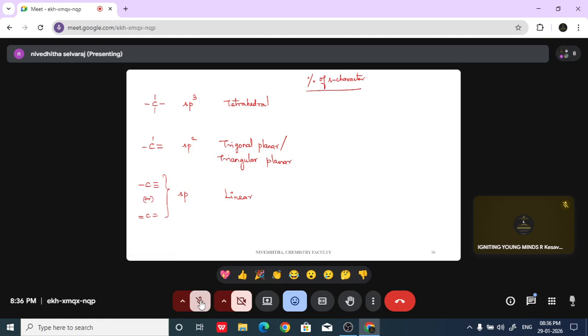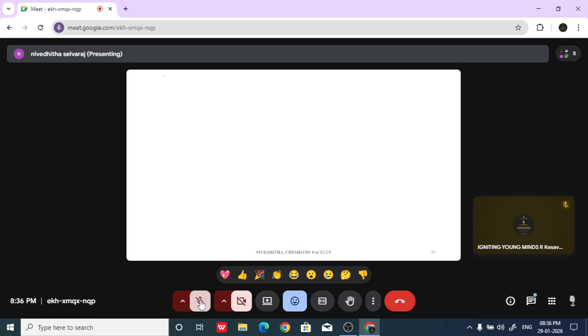Let us understand how this is 25%. Listen, sp3 basically, listen here. As far as S subshell is concerned, we have only one orbital, which is S. As far as P subshell is concerned, we have how many orbitals? 3.